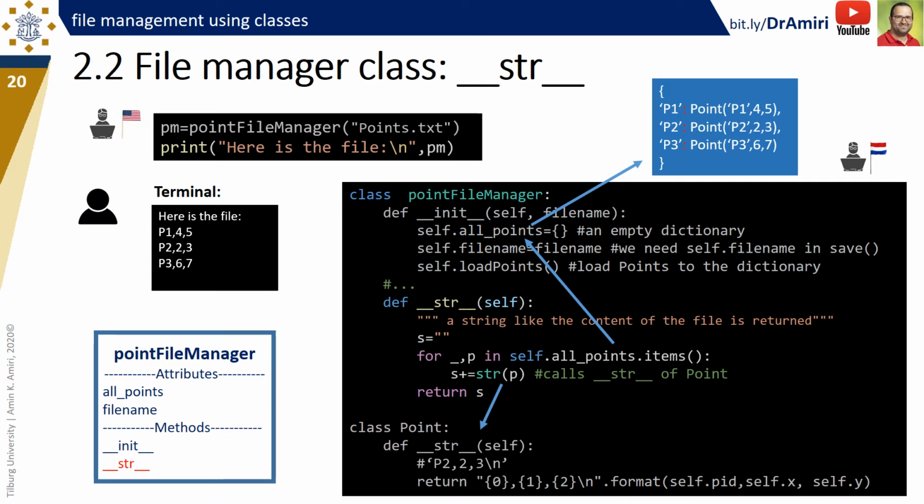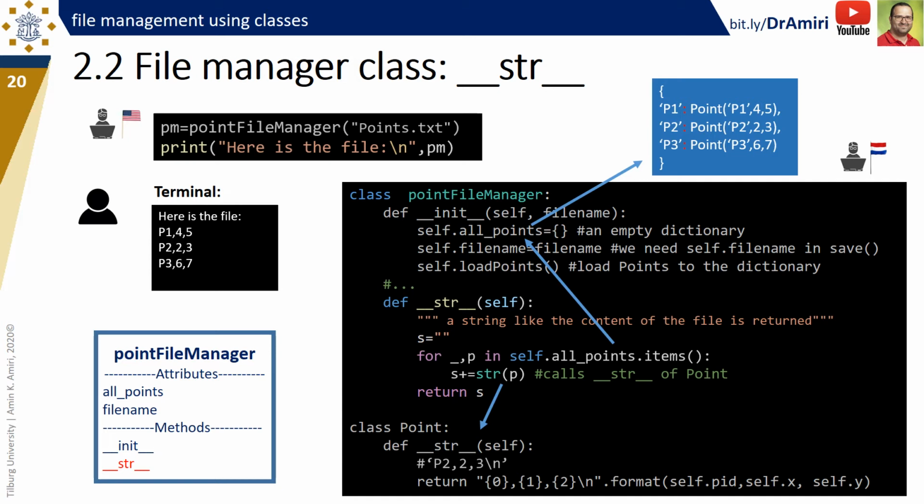So we need to add __str__, which returns a string that is exactly like the content of the file. For that, you need to traverse the dictionary all_points.